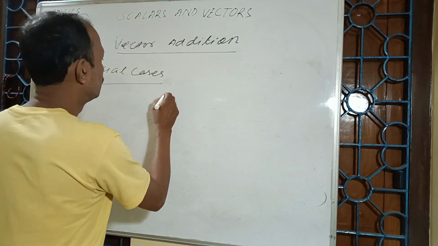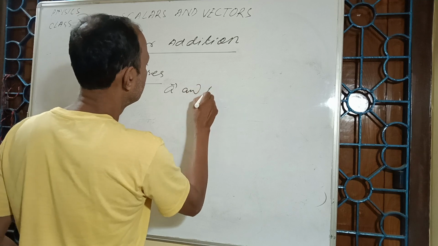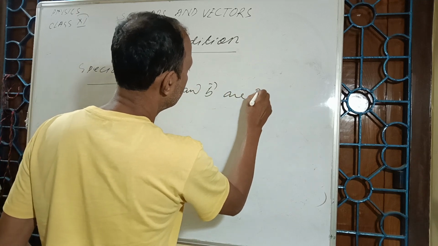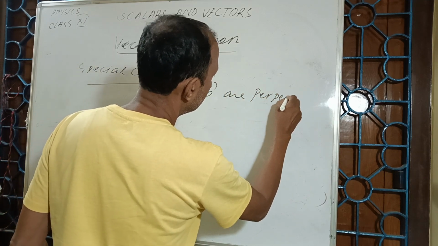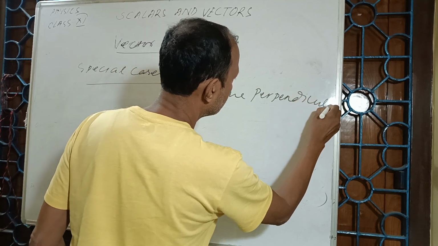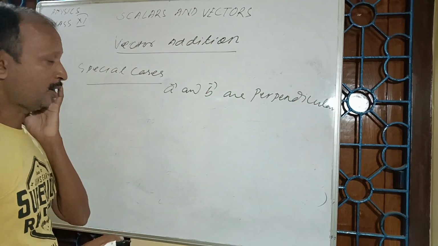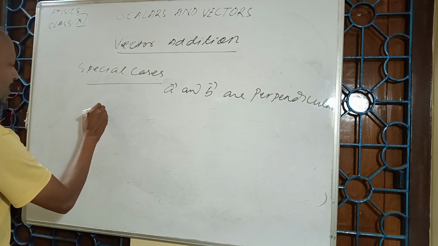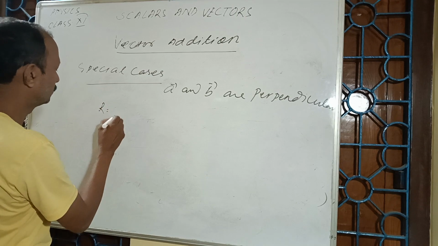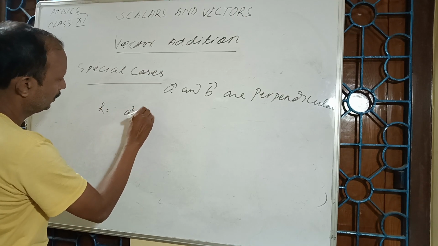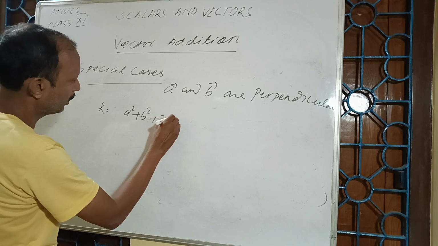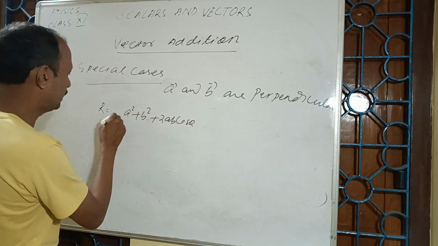Suppose vectors A and B are perpendicular. If it is perpendicular, then what will we do? R squared is equal to A square plus B square plus 2AB cos theta.